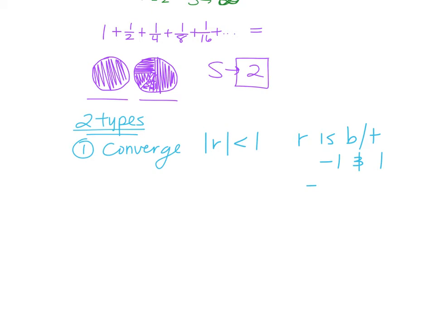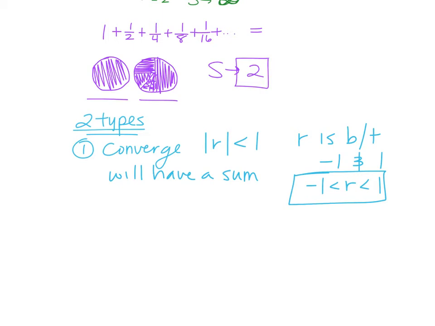So you can think of it like this if you want. If your common ratio is between -1 and 1, your series is going to converge, okay? That means you actually will have a sum. Not just infinity, right? So that's converge.